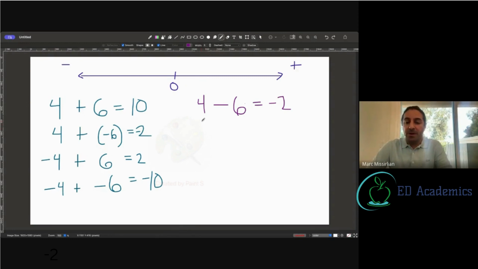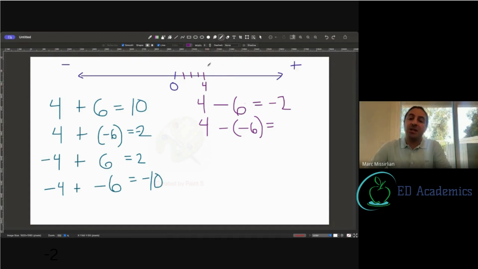Well, now we can go 4 minus -6. And now we have a unique case. 1, 2, 3, 4. If we start here at 4, we're going to be taking away a negative. We're going to be subtracting -6. If we're taking something away that's negative, the negatives kind of cancel each other out and it turns into a positive.